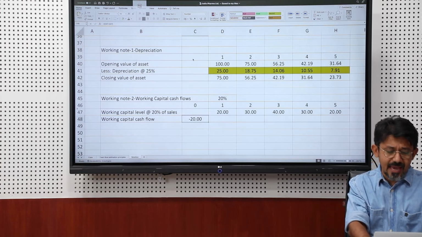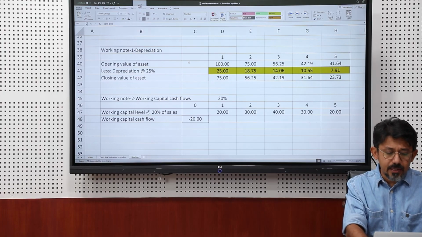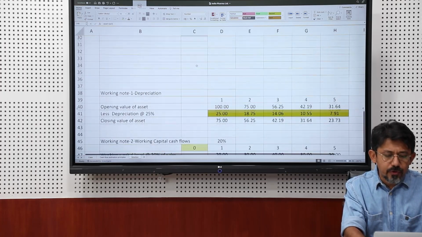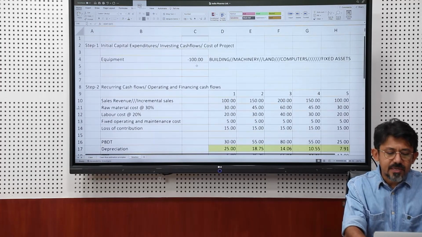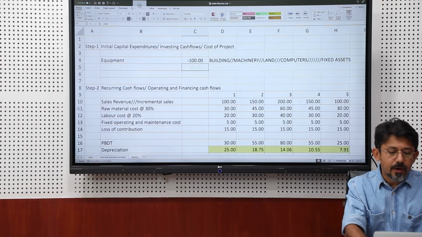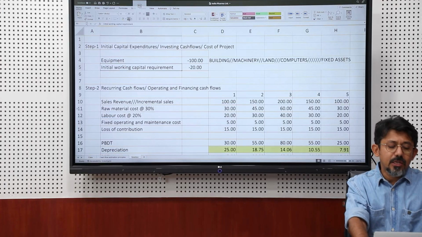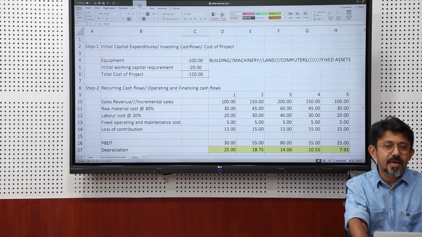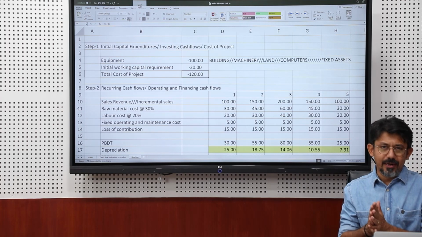So, 20 million is a cash outflow, and since it pertains to year 0, I am showing this as a part of year 0, step 1 over here. So, 20 million initial working capital, which gives me my total cost of the project as 120 million.